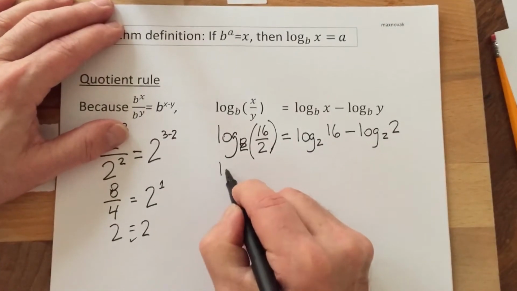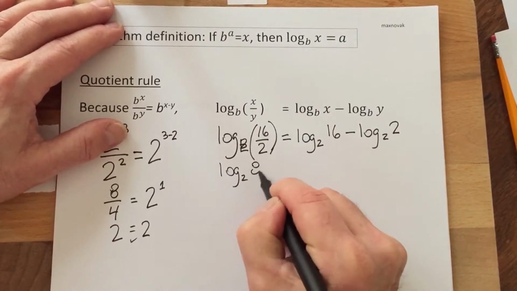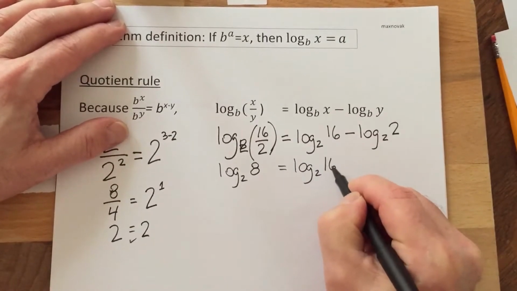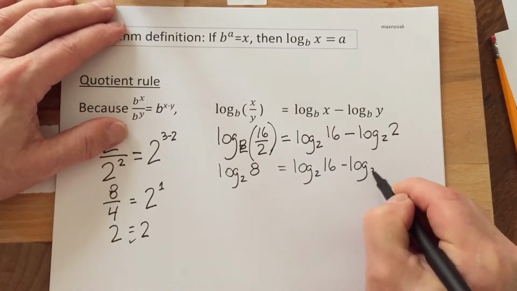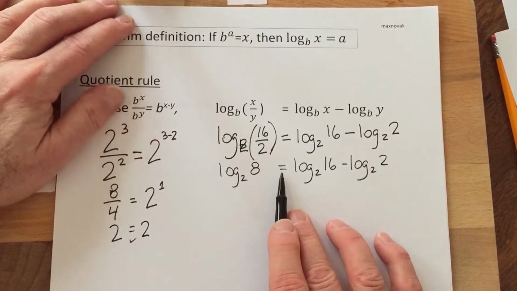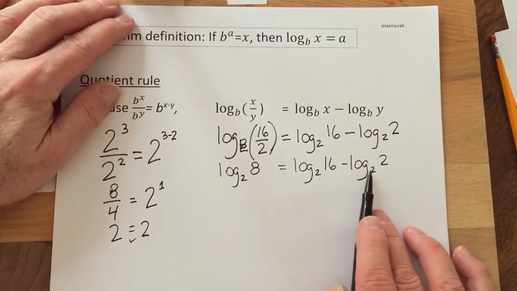So here we have log base 2 of 8, log base 2 of 16 minus log base 2 of 2. So the log base 2 of 8 is equal to the log base 2 of 16 minus the log base 2 of 2.